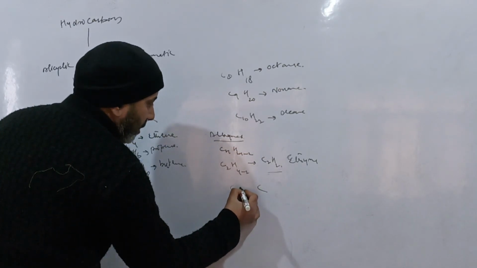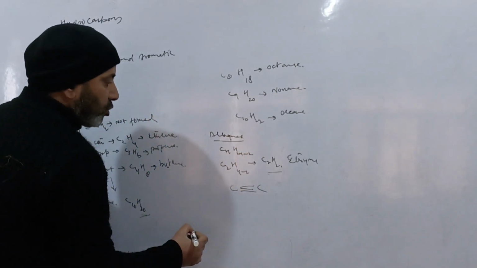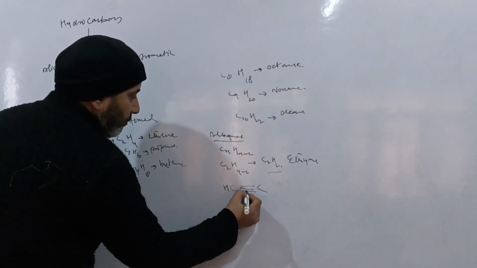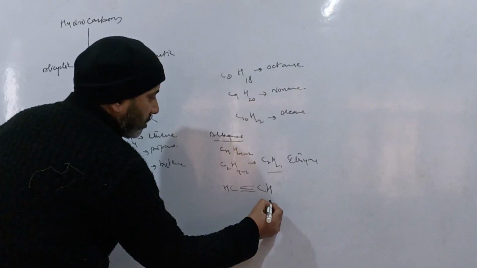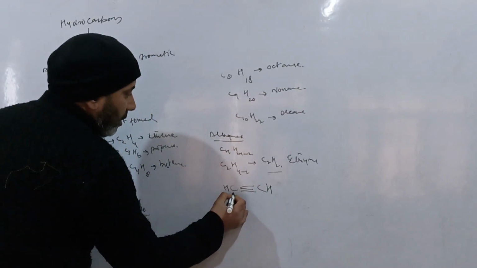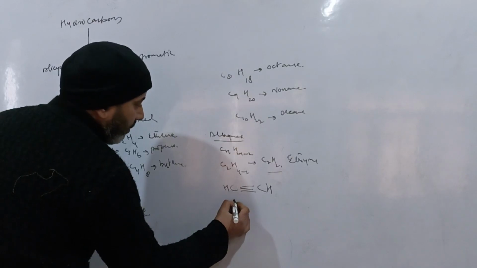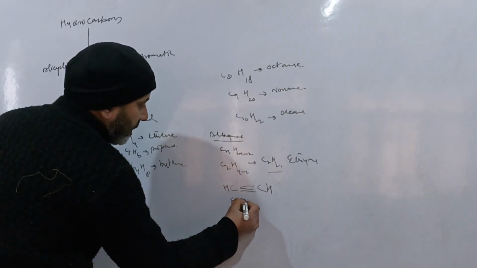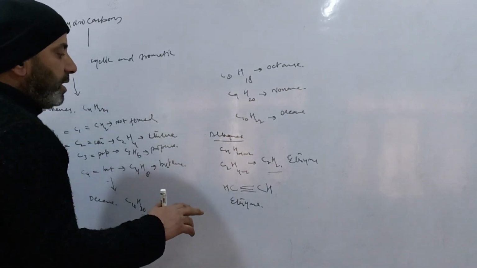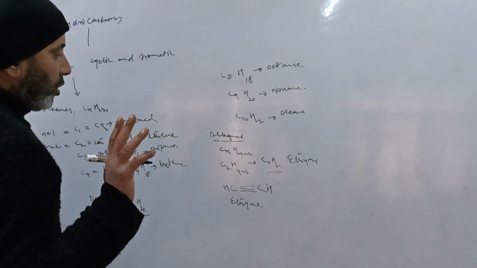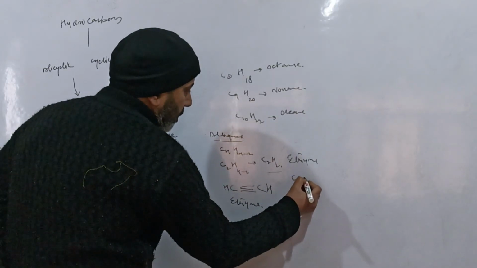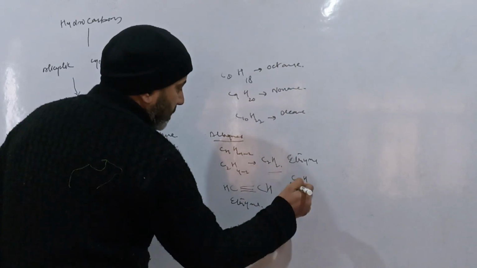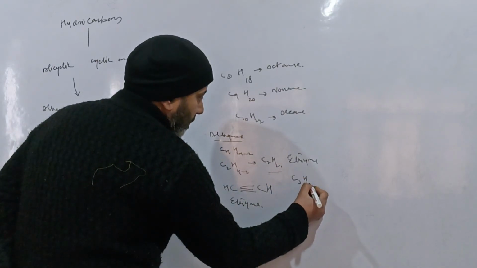There will be 2 carbon atoms with at least 1 triple bond and 1 hydrogen on each, so that 4 bonds are satisfied by each carbon. The -yne means a carbon-carbon triple bond somewhere in the molecule. Similarly, another molecule will be C3H, 2 times 3 is 6 minus 2, that is C3H4.